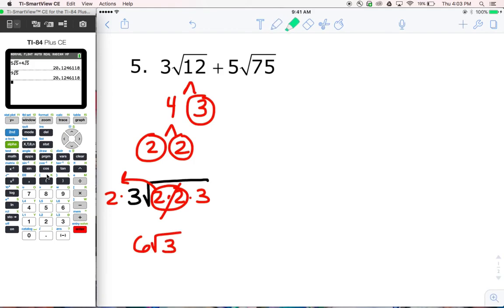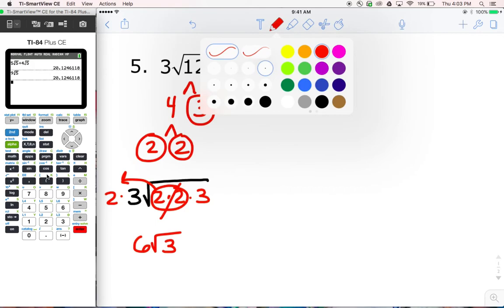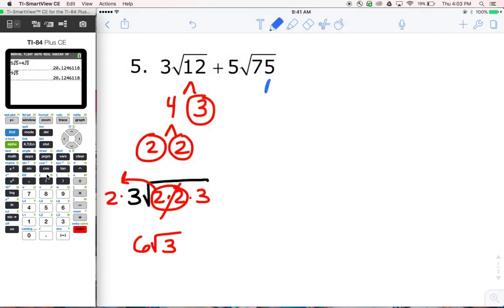Okay, that's still not matching 75, right? And that's because we have to also simplify over here. So I'm going to simplify over on the right the number 75. I'm going to do 25 times 3, and 25 is 5 times 5.